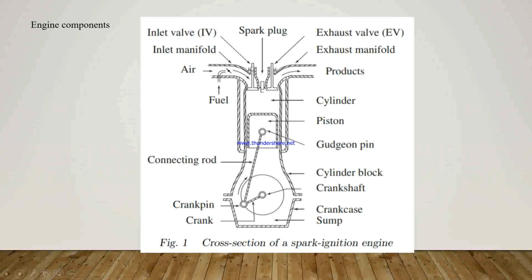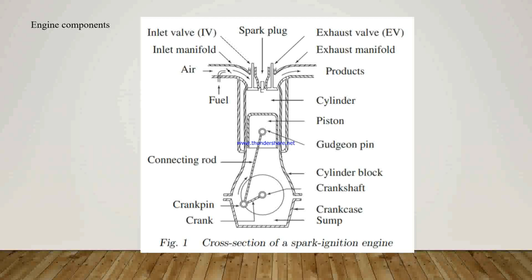Okay, next are the inlet manifold and the exhaust manifold. Here is the inlet manifold and this is the exhaust manifold. The inlet manifold is the pipe which connects the intake system to the inlet valve of the engine and through which air or air-fuel mixture is drawn into the cylinder.